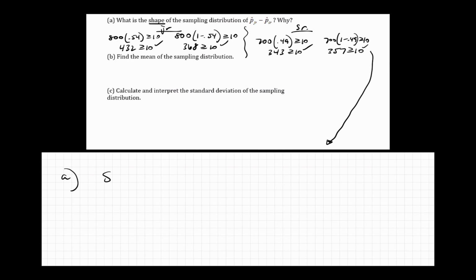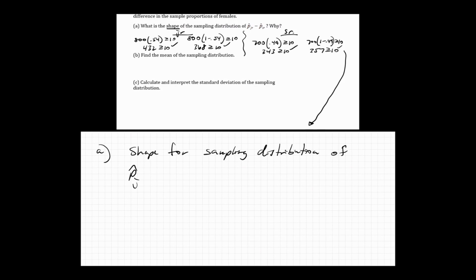We would say the shape for the sampling distribution of p hat junior minus p hat senior is approximately normal.